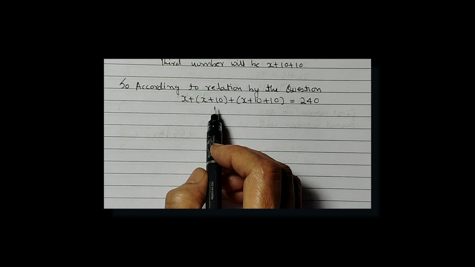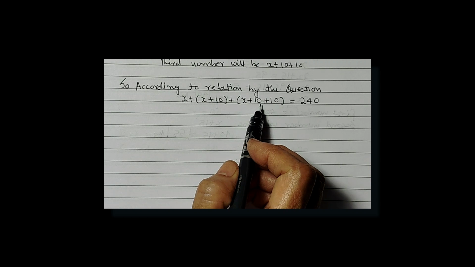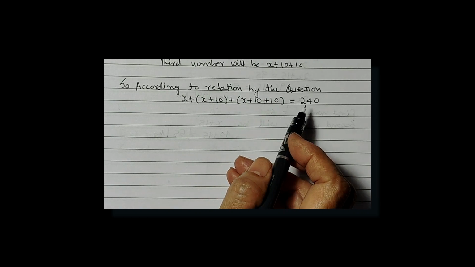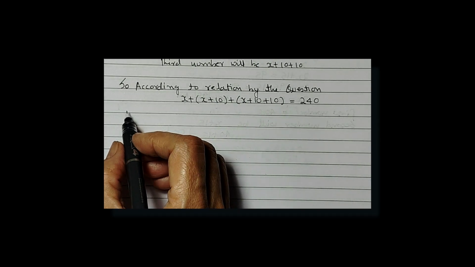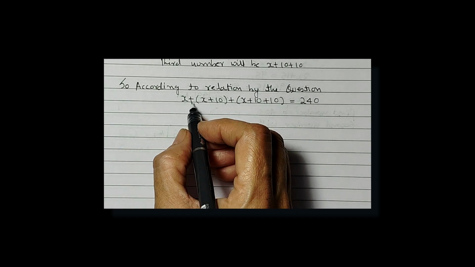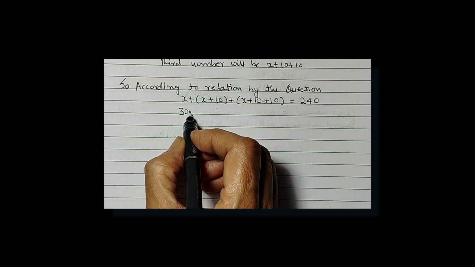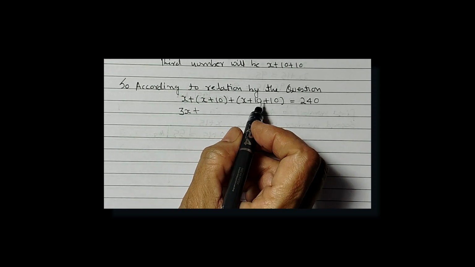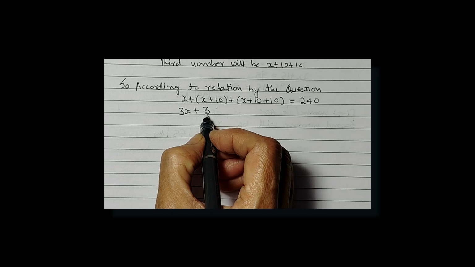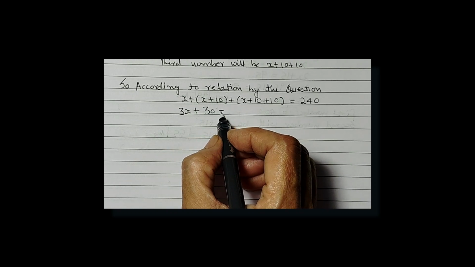This is our first number, this is the second number, and it is our third number. The sum is 240. So now we will handle it. It is x plus x is 3x plus 30, 10 plus 10 and 10 is 30. It is equal to 240.